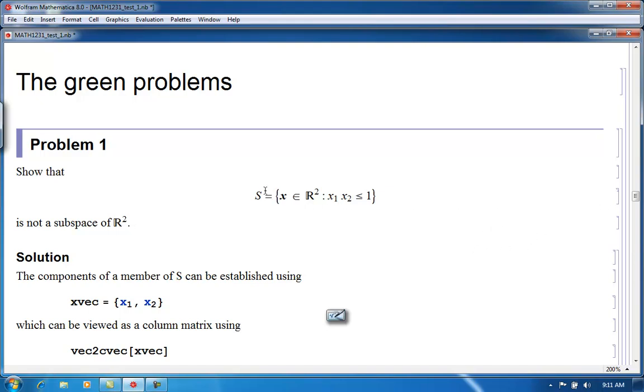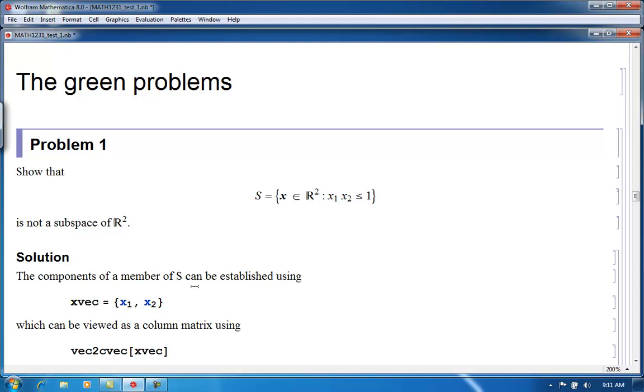So we've got a set of vectors x in R2, and their components are such that the product of x1 and x2 has to be less than or equal to 1. So show that that is not a subspace of R2.